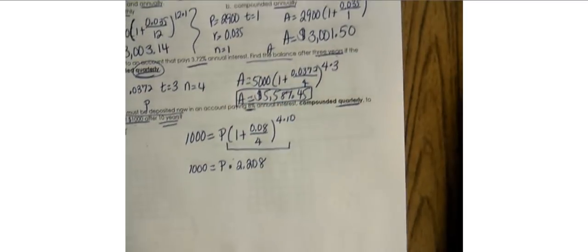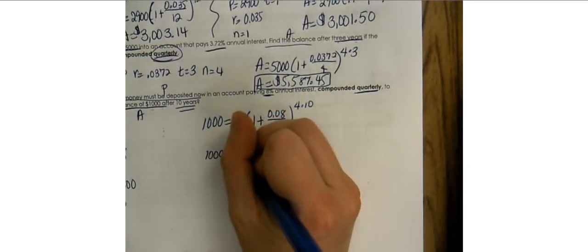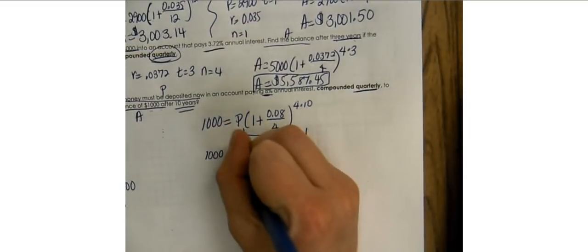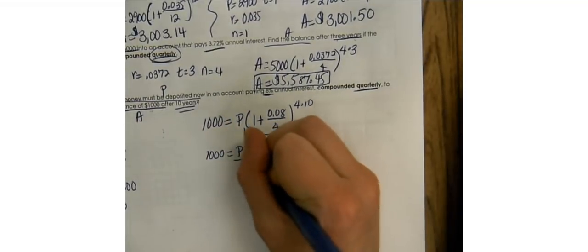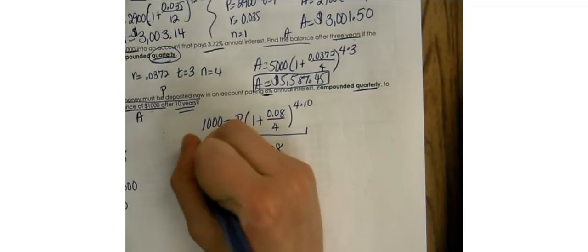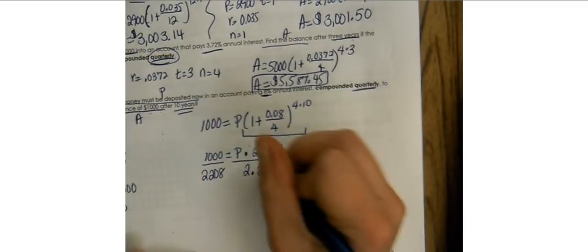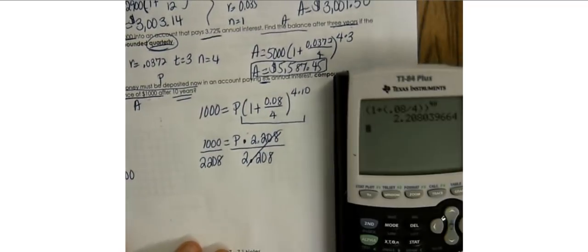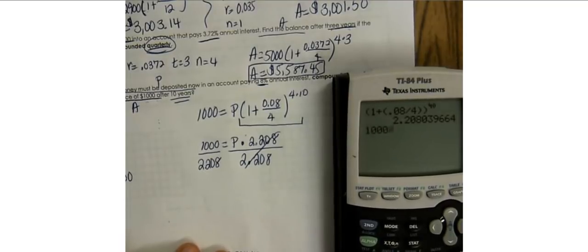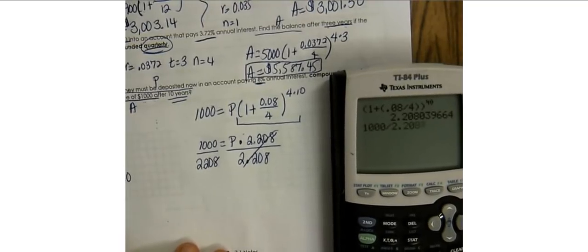2.208. At this step, I need to get rid of multiplication, so I'm going to divide both sides by 2.208. And when I do that, I have 1,000 divided by 2.208 is equal to $452.90.